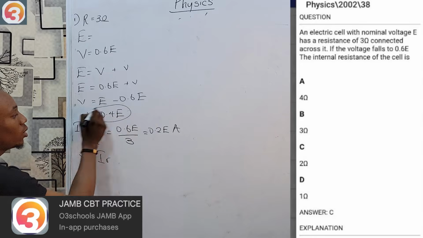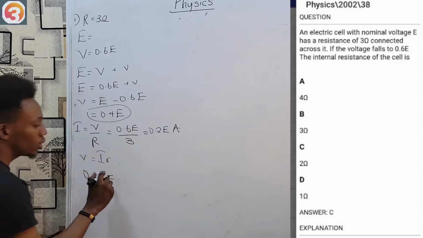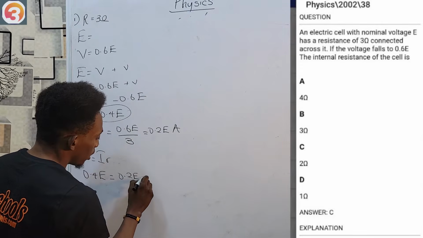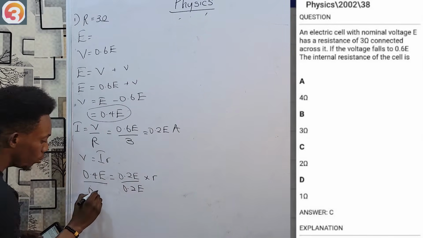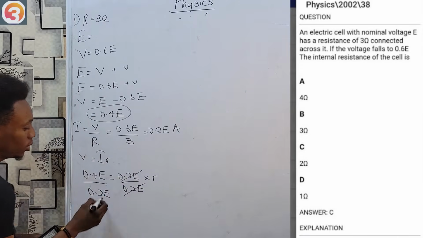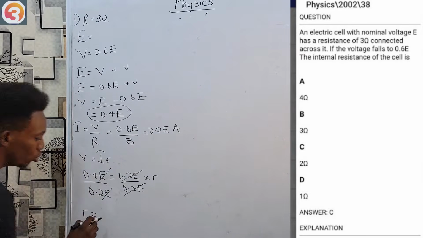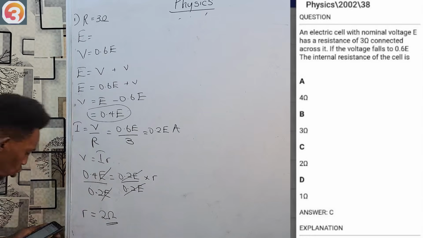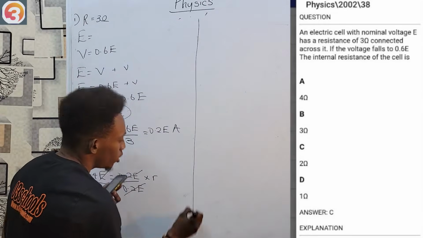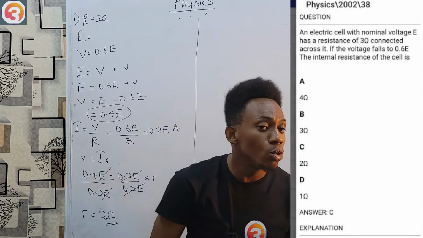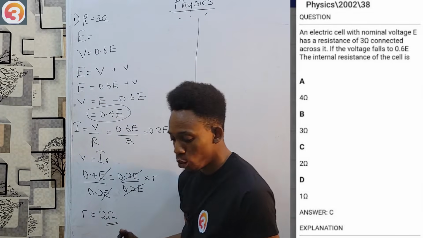Small v, as I can see here, is given by 0.4 E. The current is the same as I've gotten previously, 0.2 E, times small r, over 0.2 E. So E cancels E, and therefore r equals 0.4 over 0.2, giving a value of 2 ohms, and that is option C. So as you can see, when you have a physics question, if you do not know what to do, write what you know, and as you progress, you are going to realize that the steps will actually appear for you.